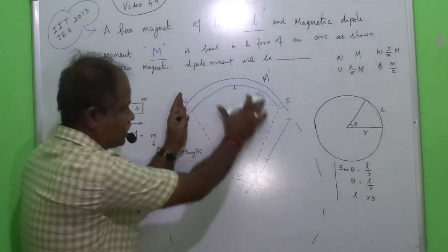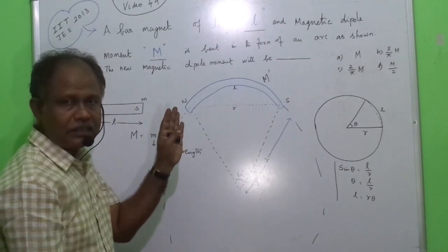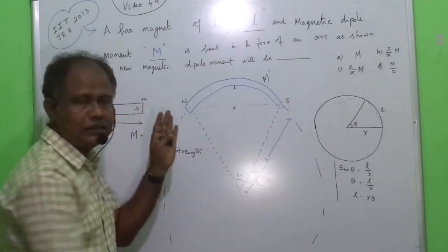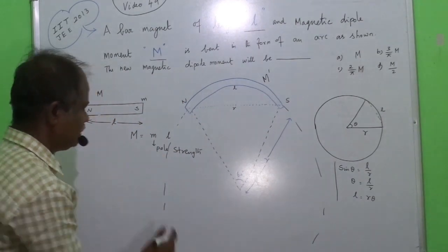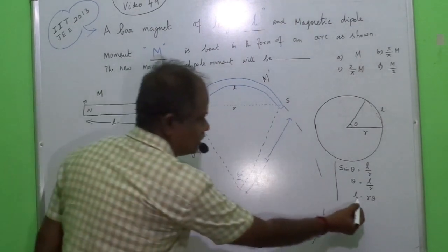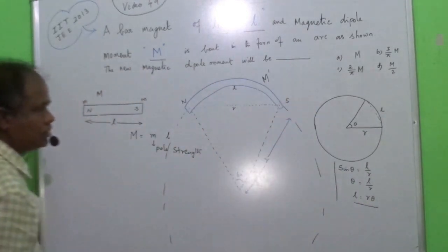Consider this small section, an arc of the whole circle. We are considering this angle theta according to this basic concept. L is equal to R theta.